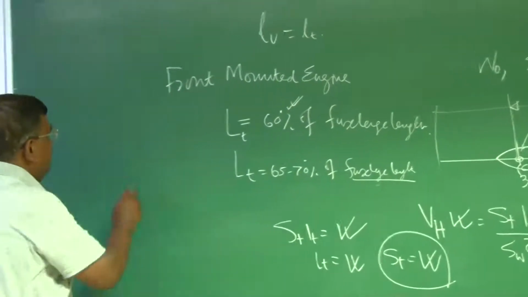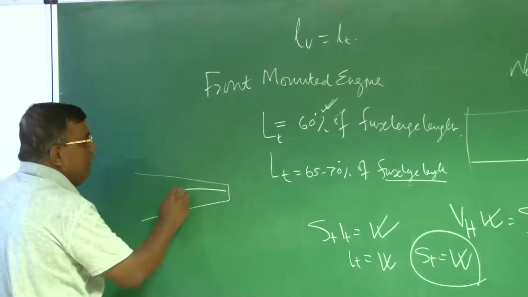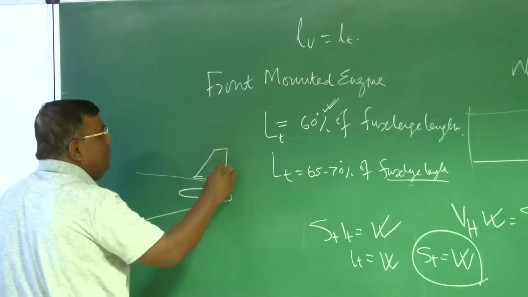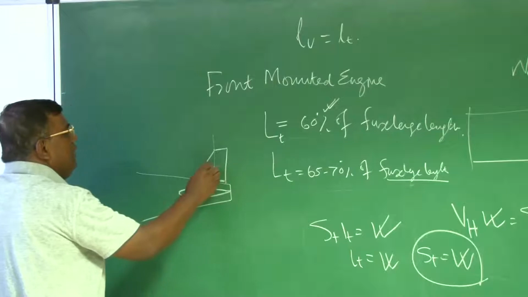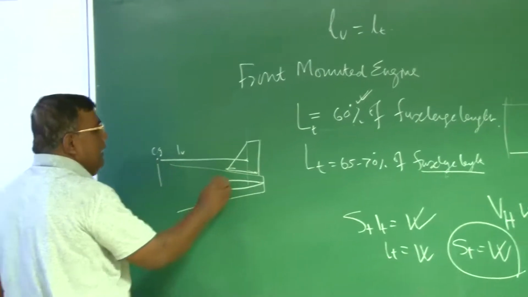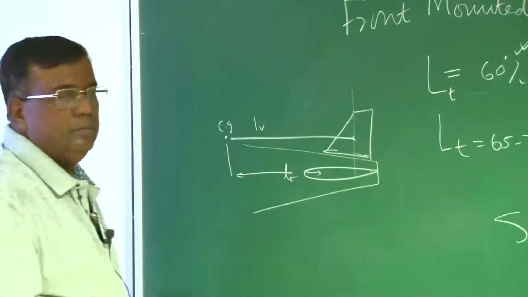And you could see that for an airplane, if this is the empennage, some configuration will have horizontal tail here and vertical tail is starting from here. So naturally, if this is the AC of the vertical tail and CG is here, then LV and LT are not same, right?